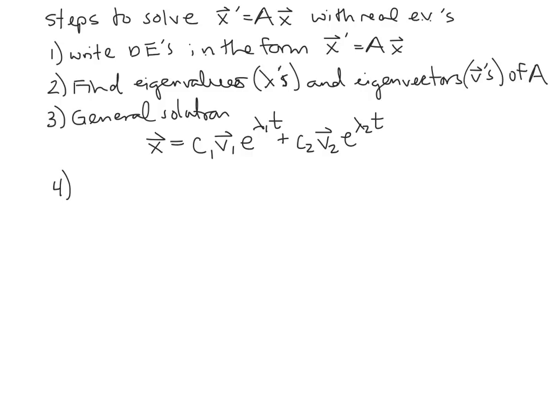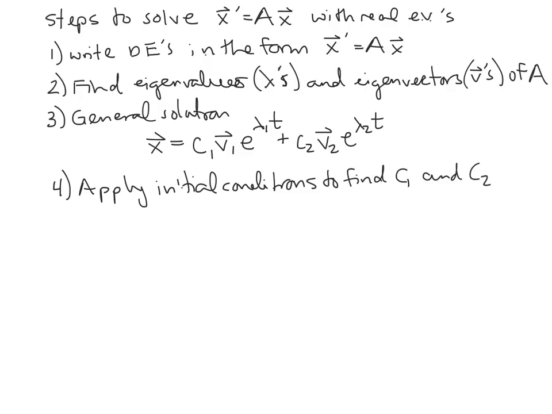And then if you are given initial conditions, apply them to find C1 and C2. And by the way, this is for a 2x2 only. And it's really only specifically for 2x2 just because I have two different solutions, but this can be applied if it's a 3x3 or 4x4 or any other bigger matrix.